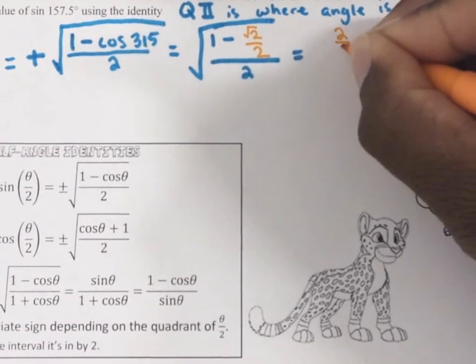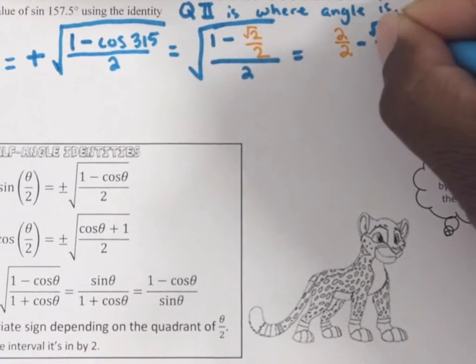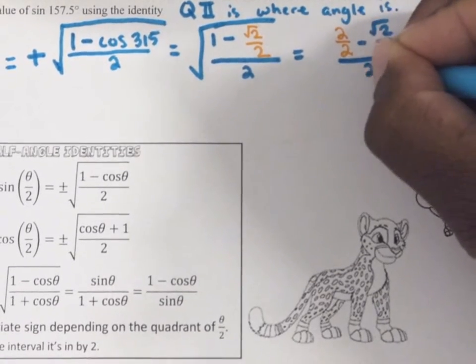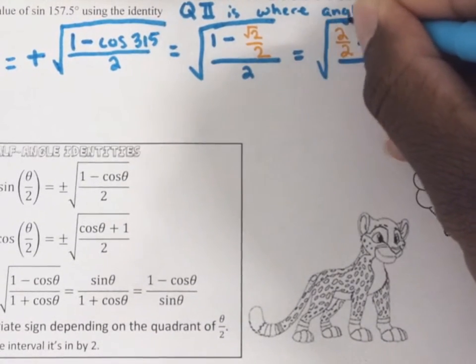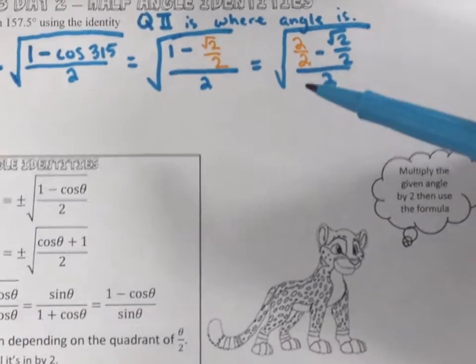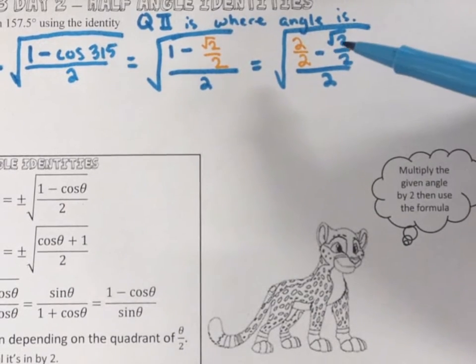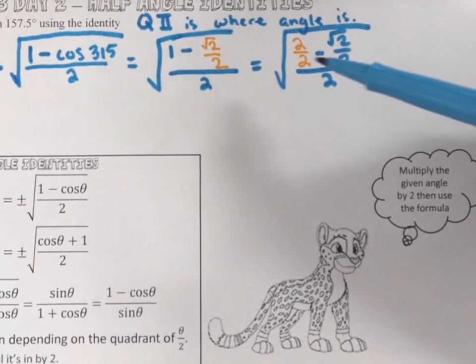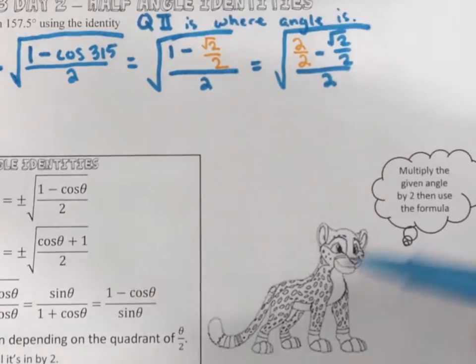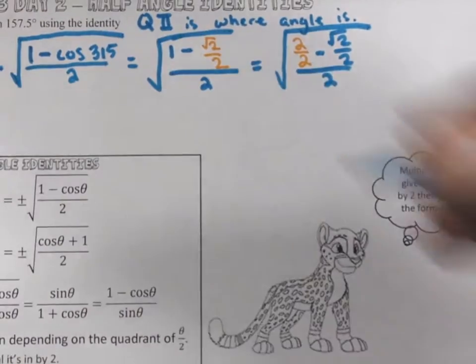So 2 over 2 minus root 2 over 2, all divided by 2, underneath my radical. So we changed 1 to be 2 over 2. So now I can put these two numbers together. I would leave it as 2 minus root 2, all over 2.